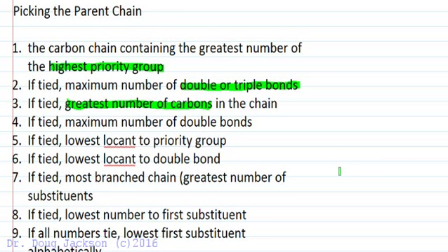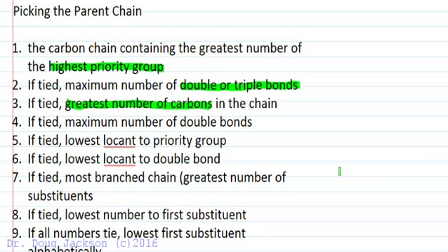So your first priority in picking the parent chain, and this is a rule that many textbooks get wrong, naming software gets wrong, you've got to pick the most priority groups first in the chain, the maximum number of double or triple bonds next if there's a tie, and then if that's a tie, you then pick the greatest number of carbons in the chain.